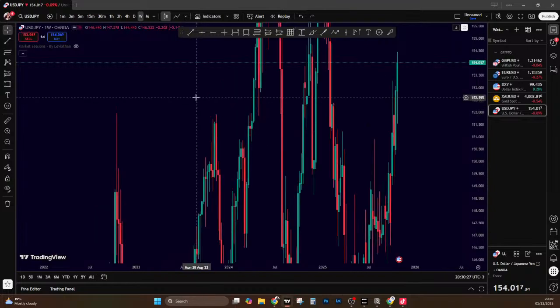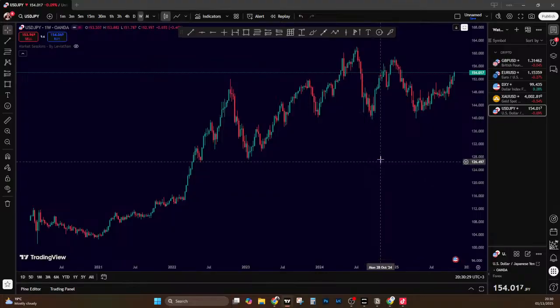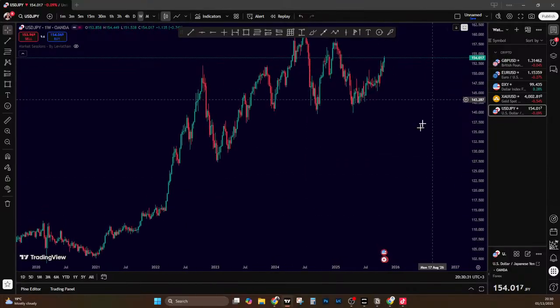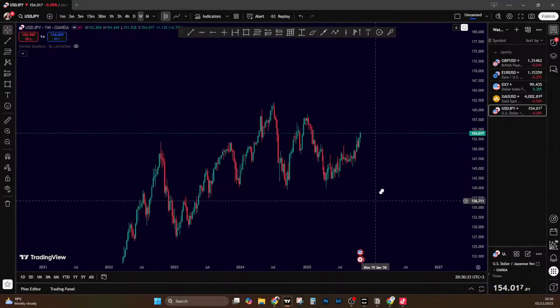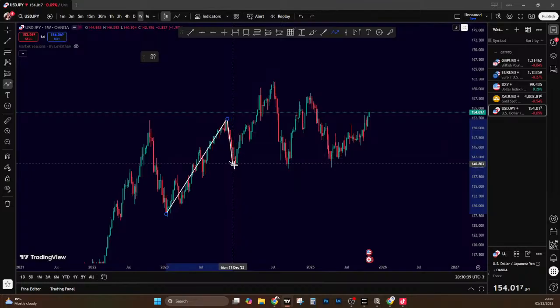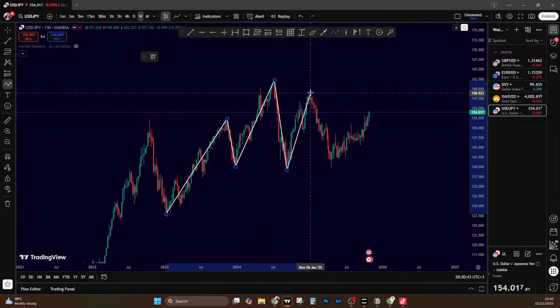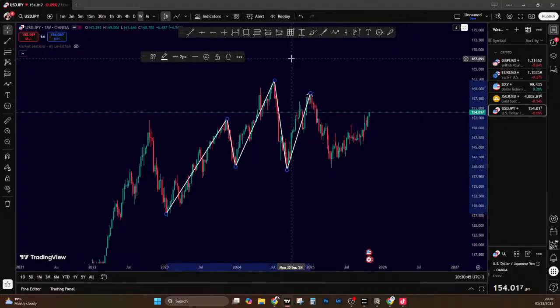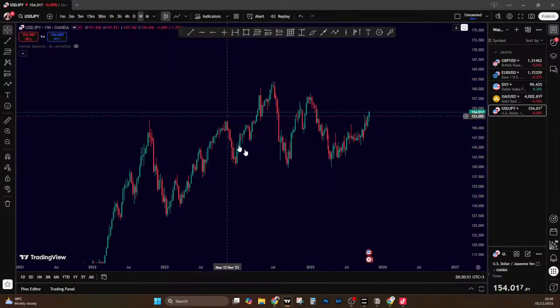This is USD JPY. If you look at USD JPY, we are in a very bullish trade. But there is something I want you to see here. This is weekly.